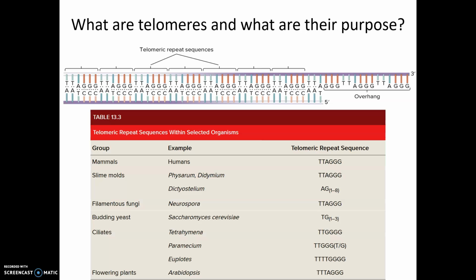All right, another difference we have is telomeres. So at the end of linear chromosomes, we have these repetitive sequences called telomeres. They have a consensus sequence, so to speak, so I'm giving air quotes to that. So if we look here, we see some of the consensus sequences, similar but different.